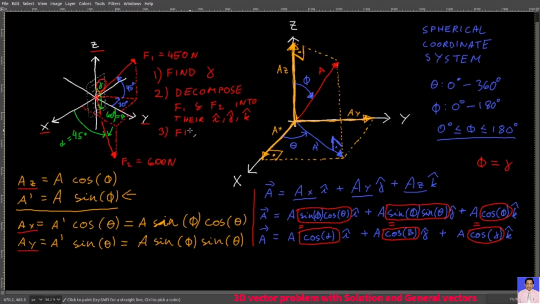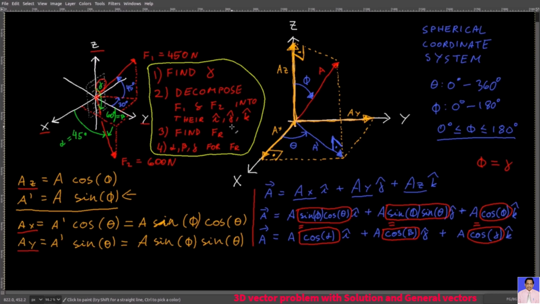Then you have to find the resultant vector of F1 and F2, so you have to add them up, and then you have to find the coordinate direction angles alpha, beta, and gamma for the resultant vector FR. So these are the 4 things that you have to do. And with the information I've given you so far, you can do it. So try it out yourself first, and then check the solutions in the next video.